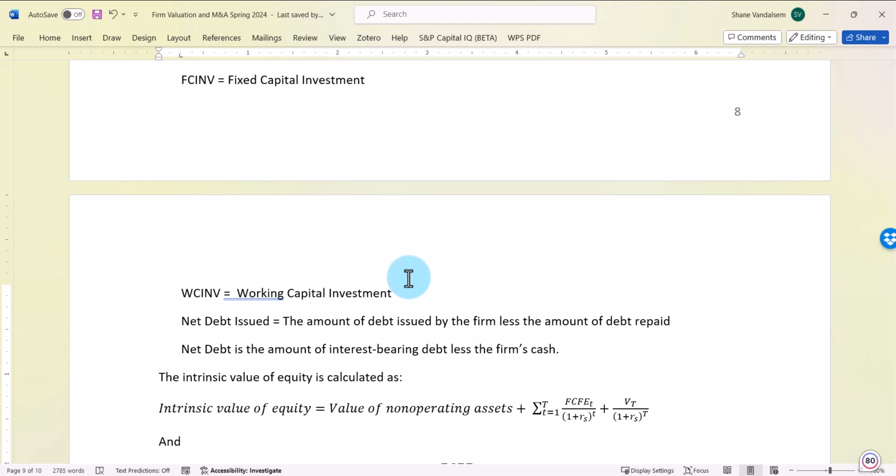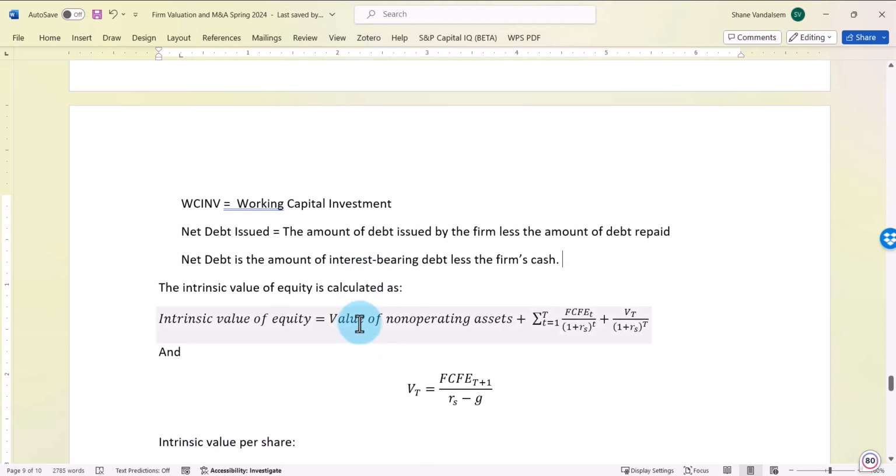The intrinsic value of equity, so above we talked about the intrinsic value of the firm first. So the intrinsic value of the equity is equal to the value of non-operating assets plus the present value of the free cash flows to equity holders. Our calculations here are the same as they were above, except the cash flow is FCFE instead of FCFF.